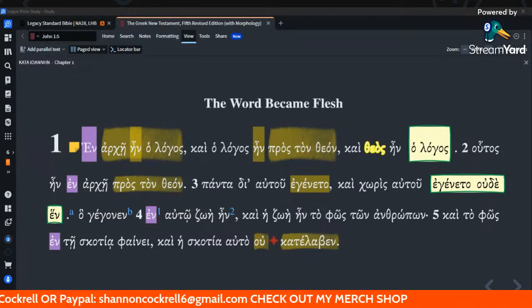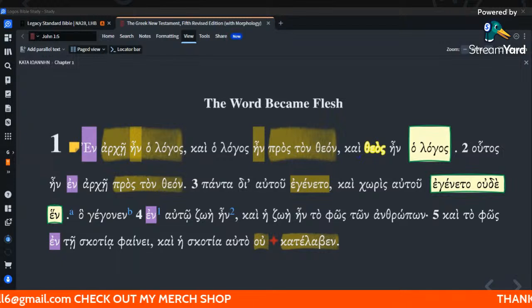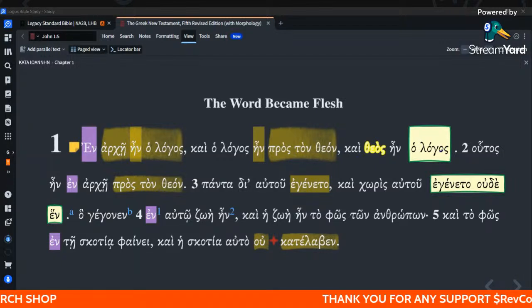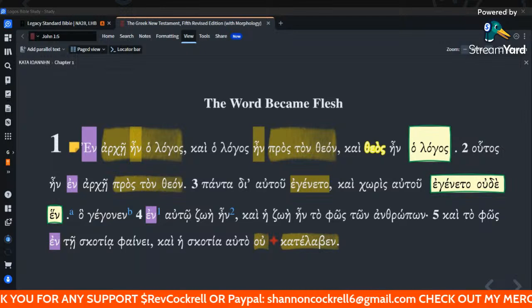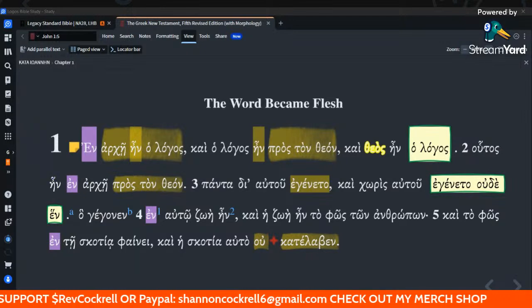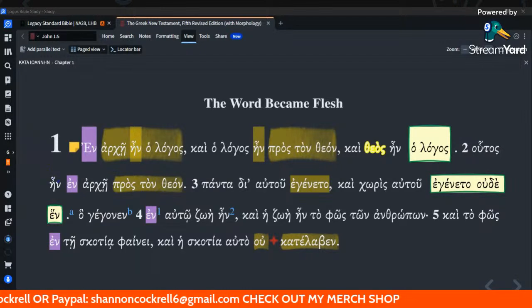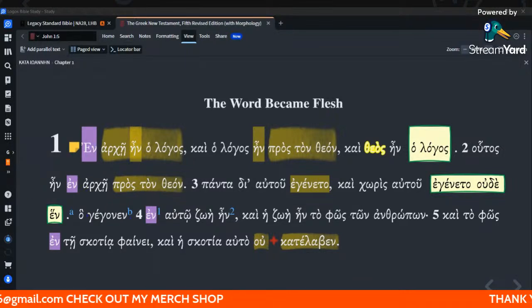Kai theos ēn ho logos. Houtos, there's an H, another rough breathing, so we give it an H sound. Houtos ēn en archē pros ton theon.